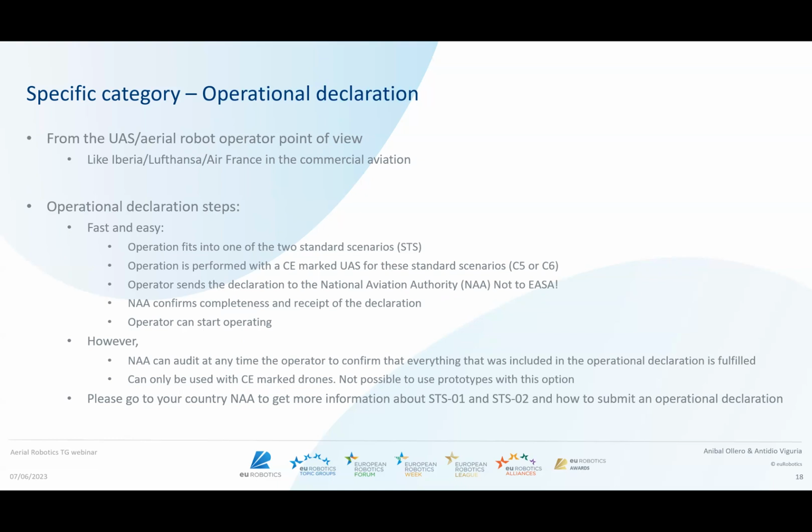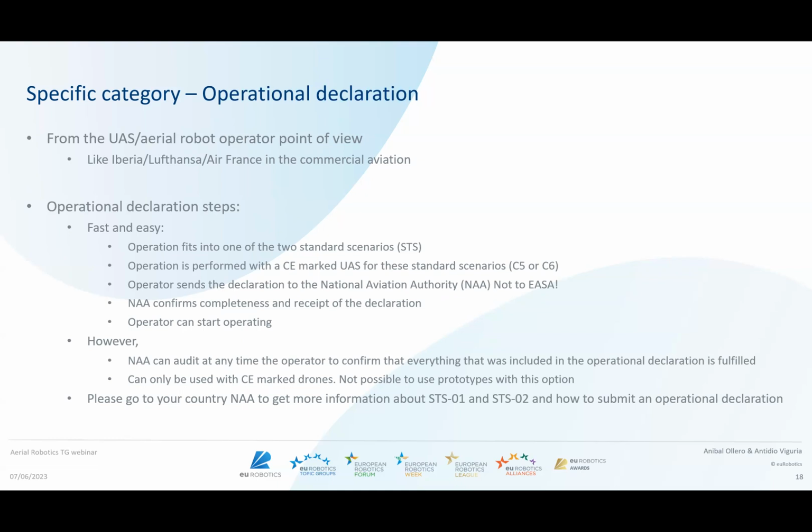If you fulfill these two conditions, you send a declaration to the National Aviation Authority, not to the European one, to the national one, and then the National Aviation Authority confirms the completeness and the receipt of the declaration, and then you can start operating. So it is very fast and easy.